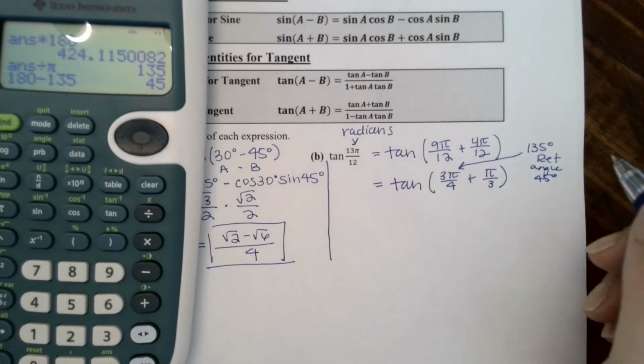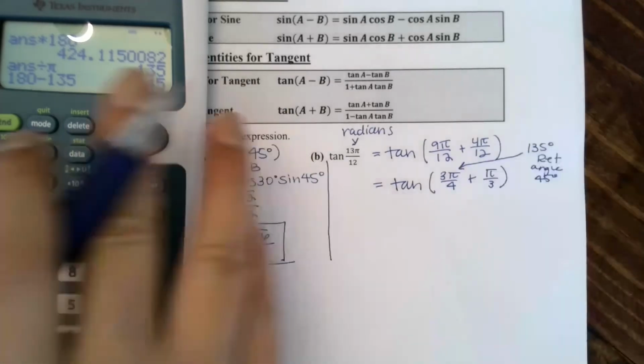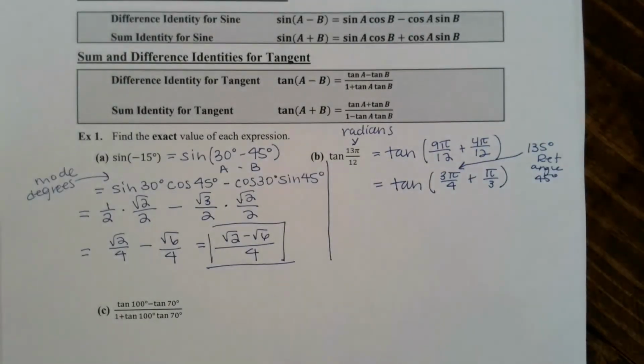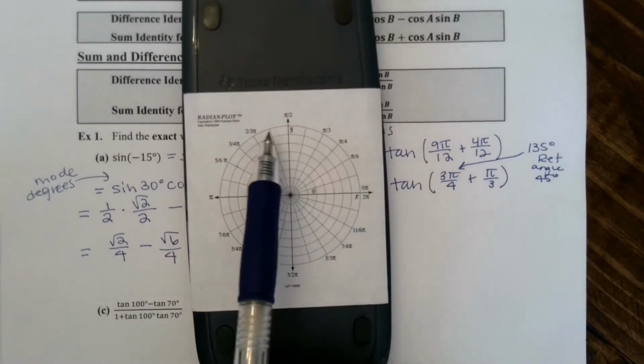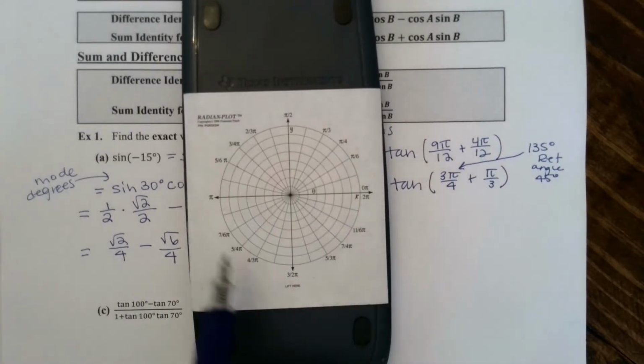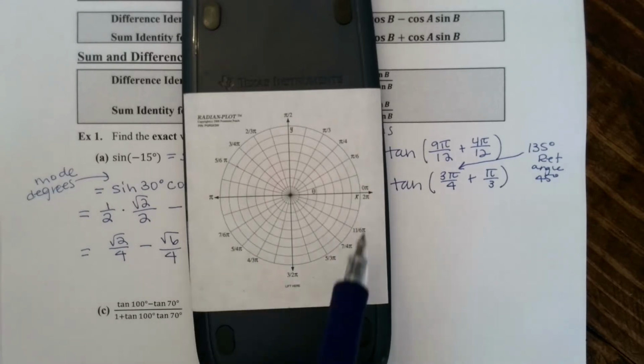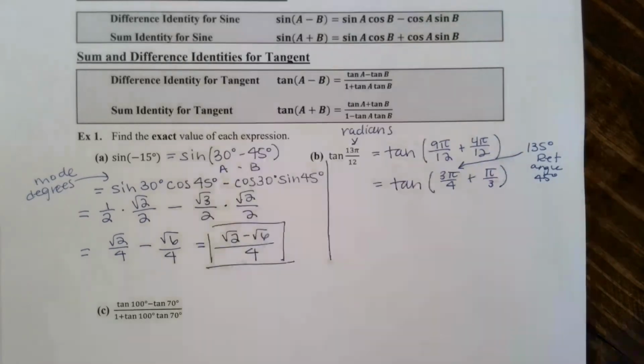That's why we are going to use that one. Generally, whenever you're splitting this up, you want to split it into values that you have on your unit circle. All of these values have reference angles of 30, 45, or 60 degrees.